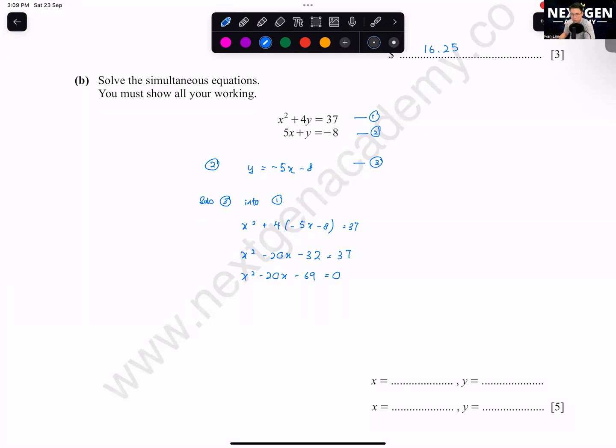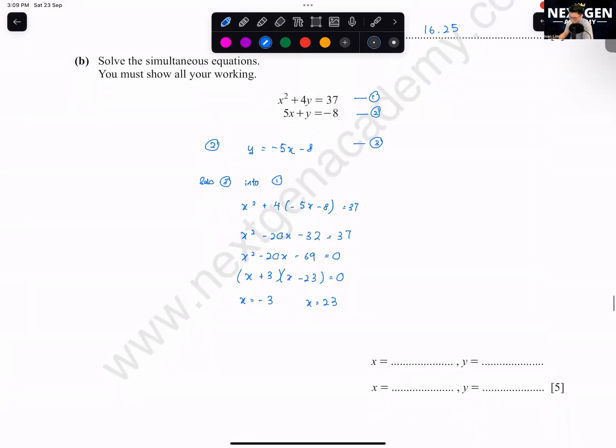Use your calculator to factorize it. You should get x equals negative 3 and x equals 23. But you show this one: x plus 3, x minus 23 equals 0. So here you get x equals negative 3. Here you get x equals 23. Okay, so you got 2 answers here.